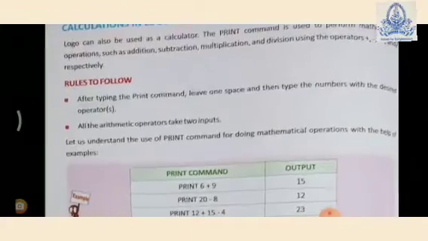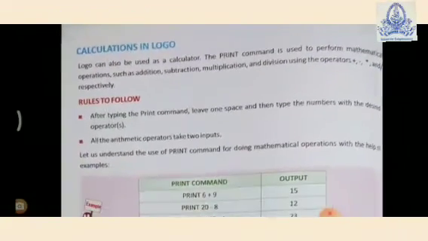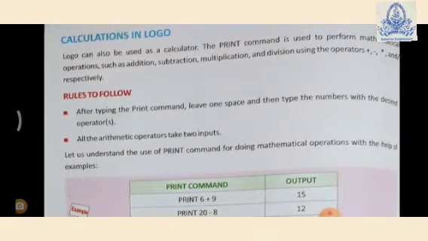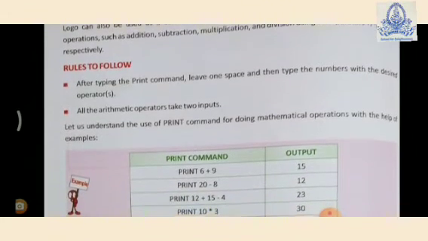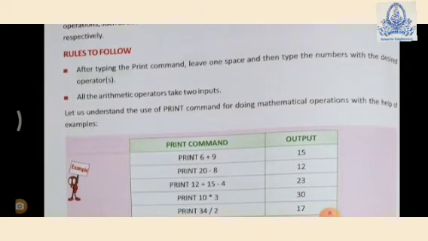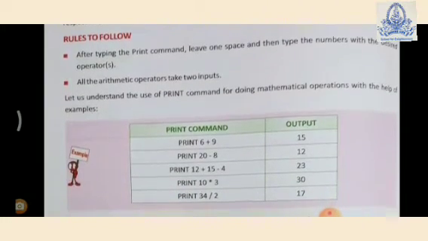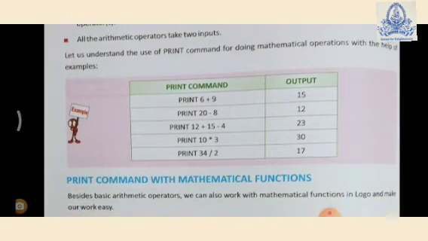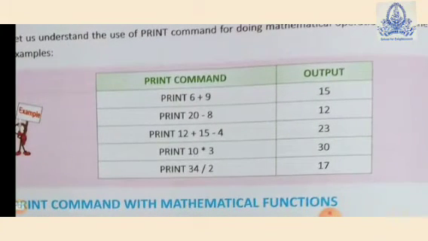Next, calculation in logo. What kind of calculations will you get using logo commands? Rules to follow: after typing the print command, leave one space and then type the numbers with the desired operators. All the arithmetic operators take place. Okay, you see, first command print 6 plus 9, after print give a space, 6 plus 9, press enter, you will get 15.